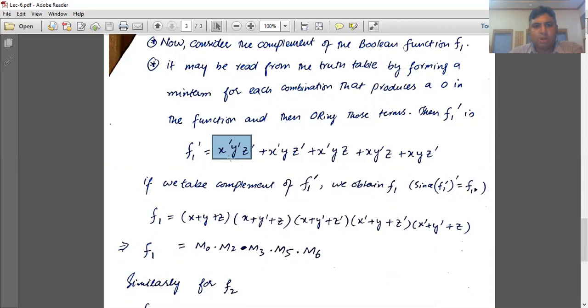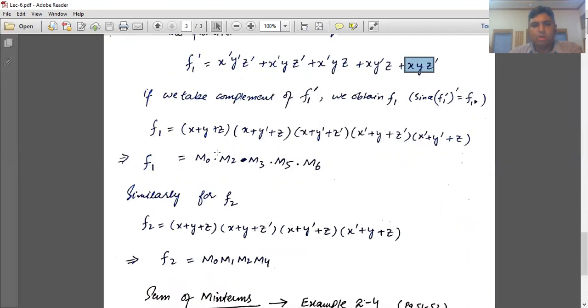So this term will become x plus y plus z, then x plus y bar plus z, similarly x plus y bar plus z bar, and x bar plus y plus z bar, and this will become x bar plus y bar plus z.